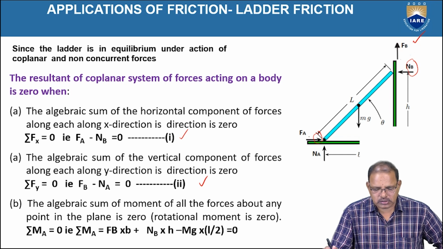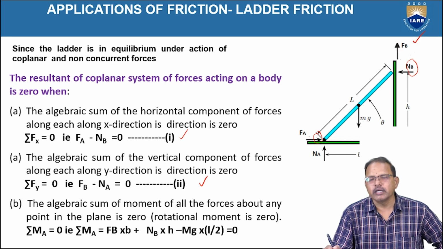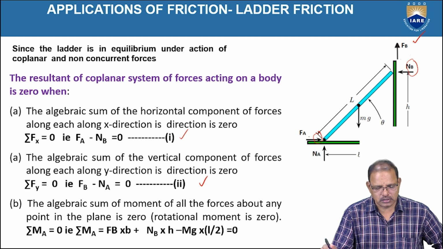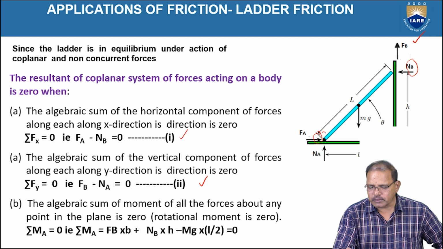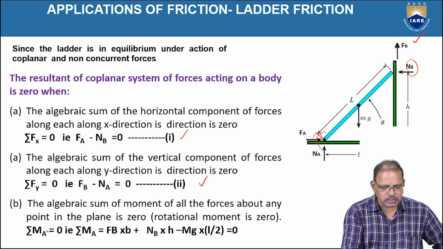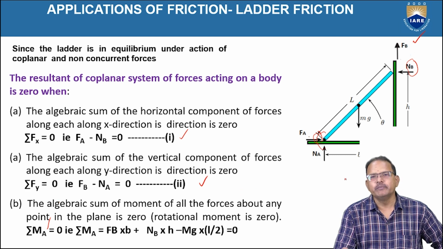And the third one is that the moments created by the forces at any point should be equal to 0. The preferable points are A or B. When I take moments at point A, that is MA, it should be equal to 0.